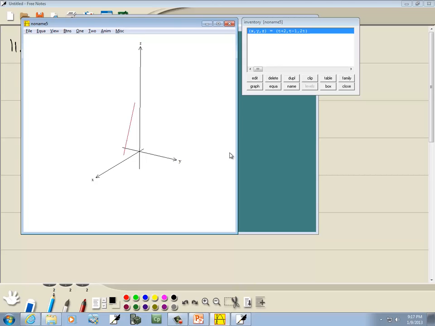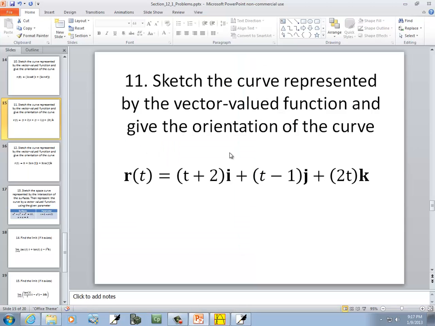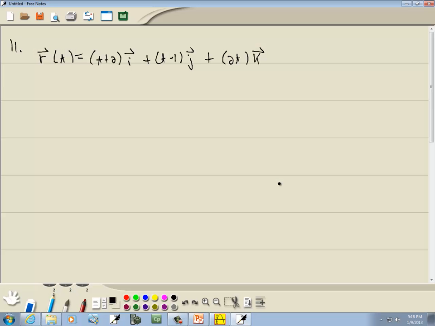It makes sense that it's a line, because when you think about it, if I ignored the z component here and looked at only the x and y, well, x is equal to t plus 2, y is equal to t minus 1. That would be a line. And if I ignored any of these pieces, everything's linear. Now, if I was doing this by hand, this one I may attempt. I'm not very good at doing these by hand.